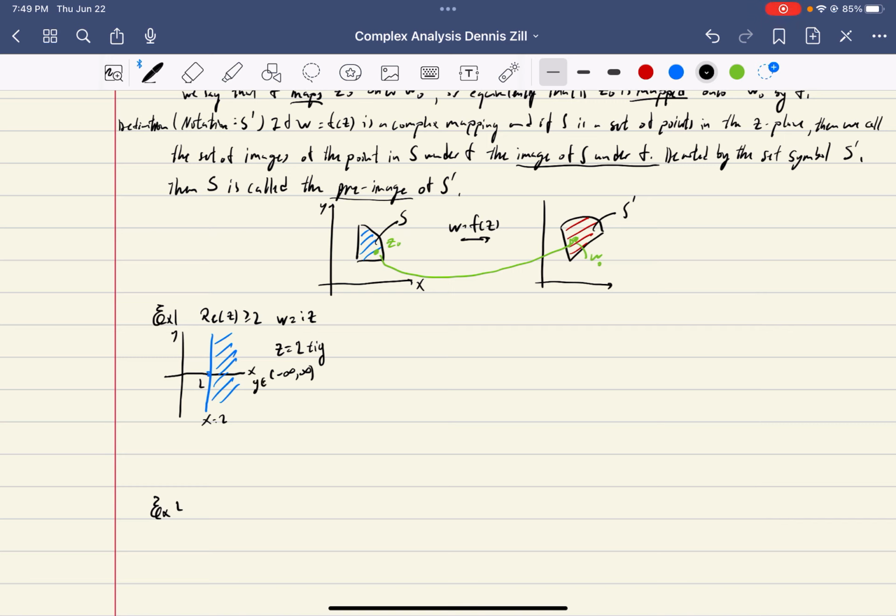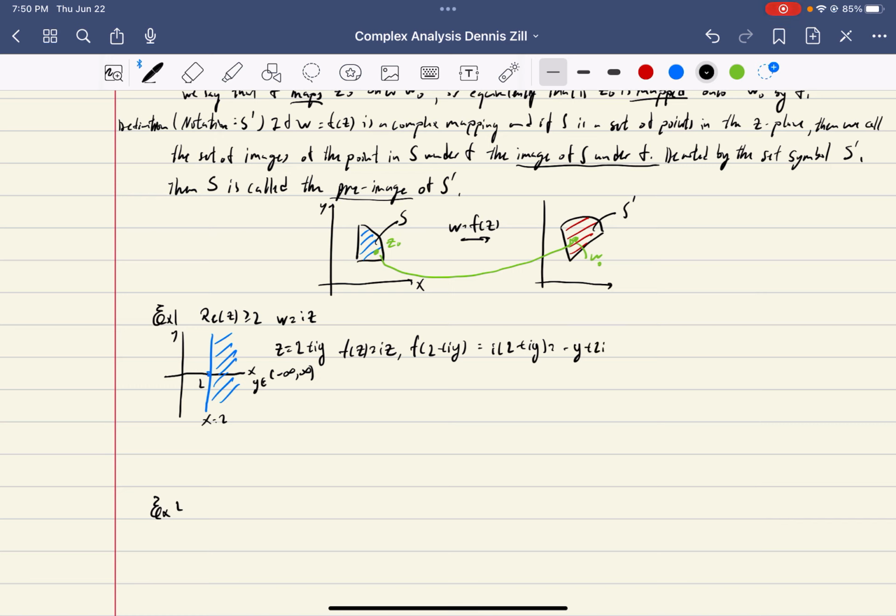Now if we map this line, f of z equal to iz, then f of 2 plus iy equals i multiplied by 2 plus iy, which is negative y plus 2i.